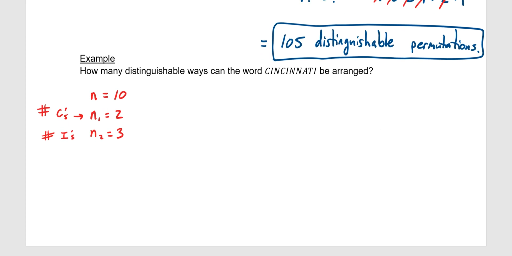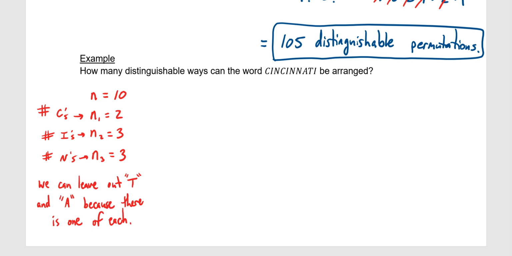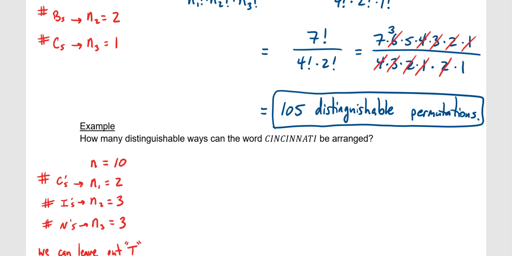And let's let n sub 3 be the number of n's. And there are 3 n's in Cincinnati. And that's really all we have to do. We can do T and we can do A, but since there's one of each, it's not going to change anything. So if we included them, we would have had n sub 4 equals 1, n sub 5 equals 1, just like we did in the previous one, but we don't have to.